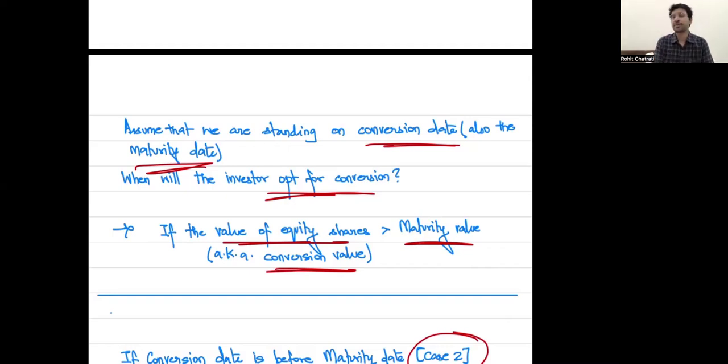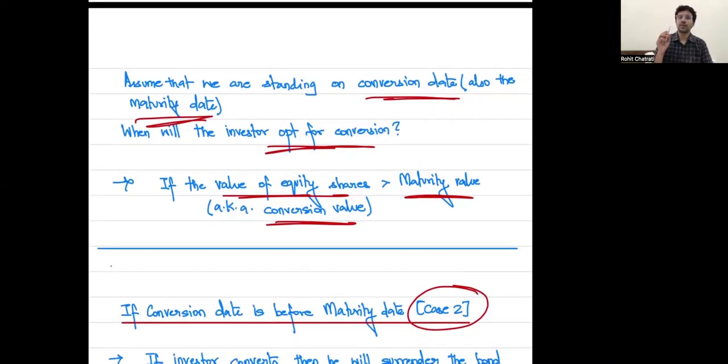If it is less than the maturity value, then I will not opt for conversion. Deciding whether to convert or not is a very easy decision if the conversion date is the same as the maturity date. Reason being, you will be receiving the maturity value now, and if you convert, you will also receive the conversion value now. So it is easy to compare because both of them are standing at the same point in time.